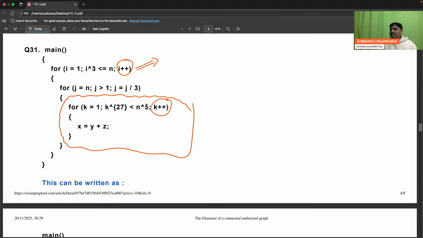I is always incrementing by 1, not I power something. I is always plus 1, plus 1, plus 1. J is always decrementing by 3. J started with a big number and is always divided by 3. If you always divide by 3, you know very well, log n base 3.